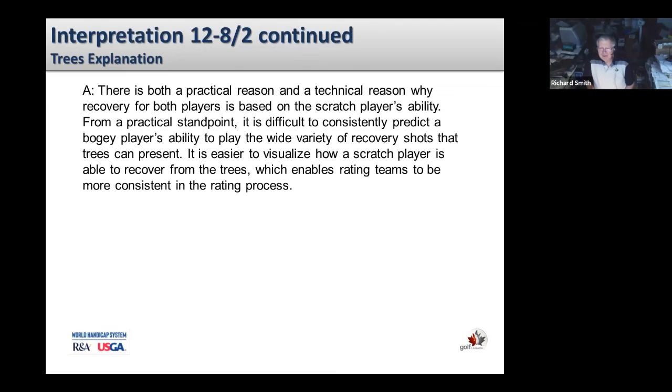It's very difficult to predict how a bogey player is going to recover from trees. They don't have all the same shots in their bag that the scratch players have. So there are just so many ways that the bogey player can go wrong that you can't really come up with anything at all consistent.